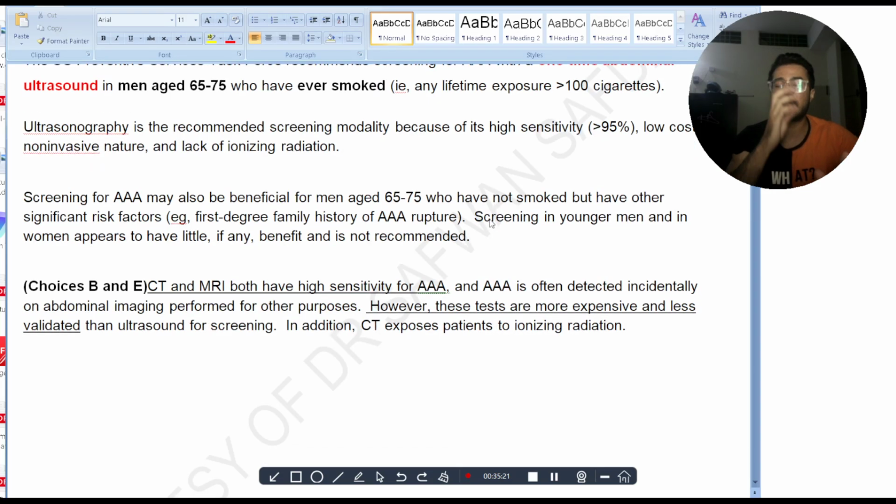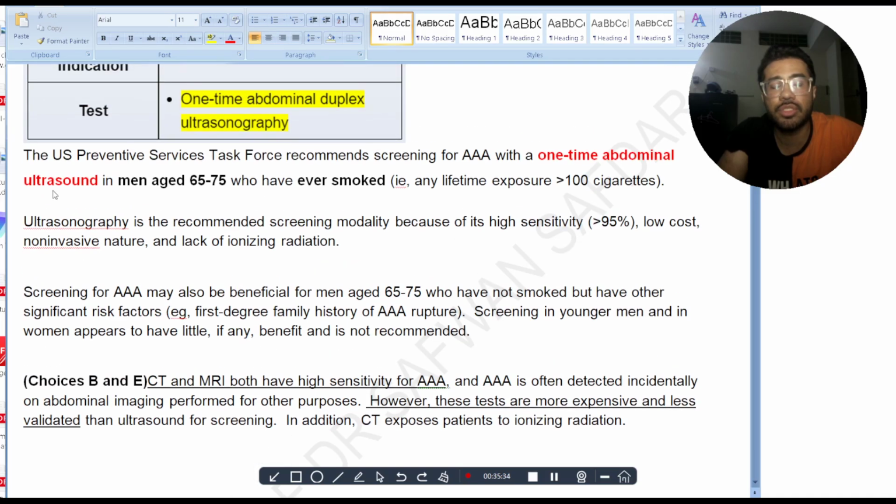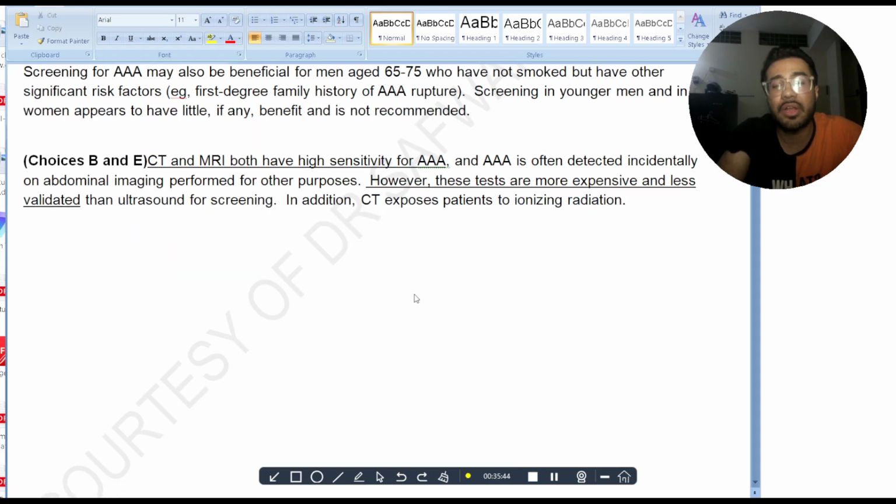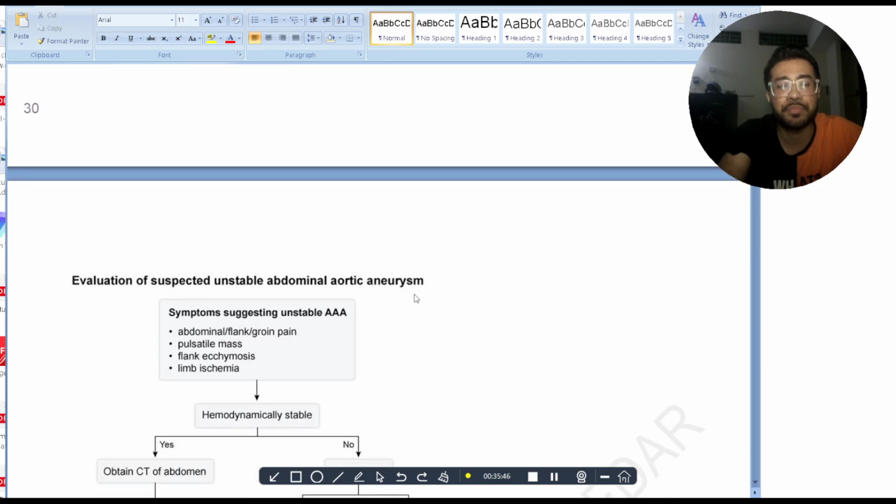They'll just give you this scenario where the man is 66 years old, has a smoking history, but quit 20 years ago, and they're going to ask you what is the next best step in screening. So you're going to choose abdominal ultrasound for abdominal aortic aneurysm. CT and MRI also have high sensitivity but are more expensive. So we go for ultrasound when it comes to screening.